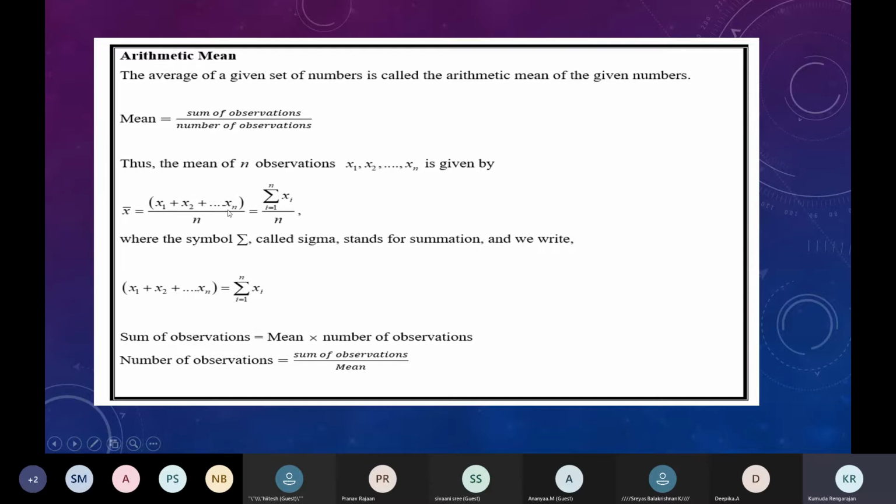So this we understand. The symbolic way of writing this formula is what you see here. This one is written as sigma xi, where i ranges from 1 to n, divided by n. And that's what is explained here. This is a Greek letter sigma, which means the total of or summation.